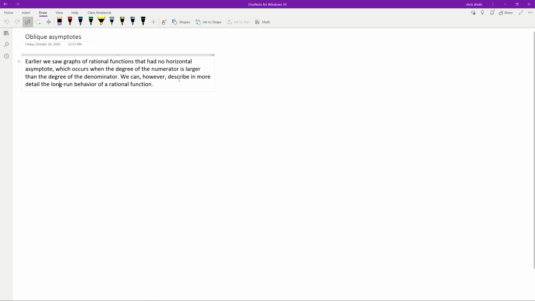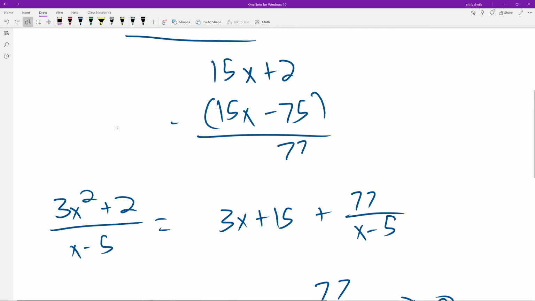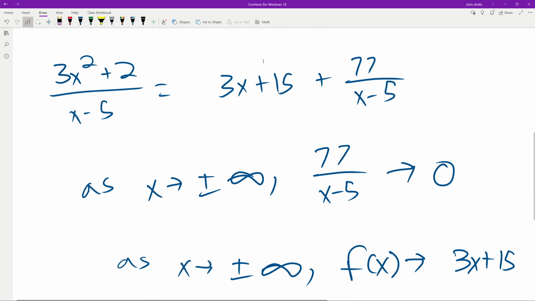This means that for this particular function, as x approaches plus or minus infinity, f of x approaches the line 3x plus 15, which is the quotient I got from this division, just without the remainder portion. So I call y equals 3x plus 15 the oblique asymptote of this function.